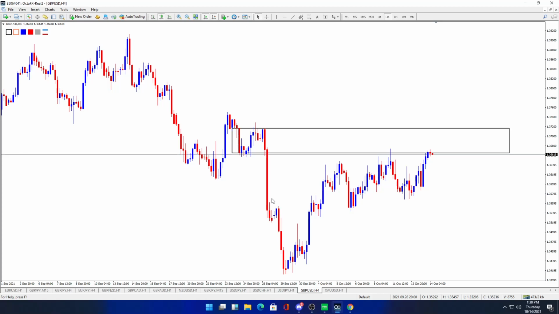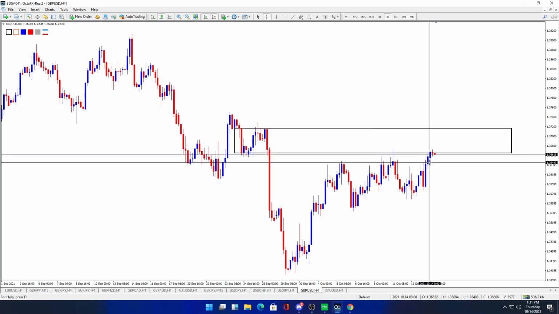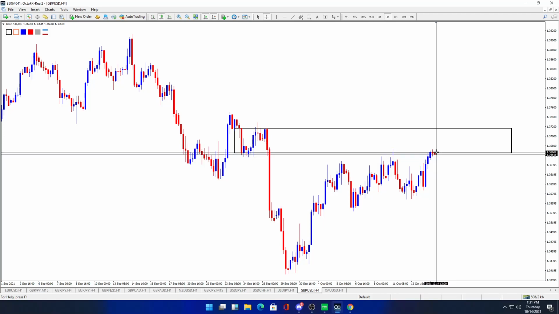So I look into this price rejecting out of the box for me to enter the position. You can place an instant order if you want, but if you want to wait for confirmation, like I said, you have to wait for this candle to close at 4 p.m., in the London open session.